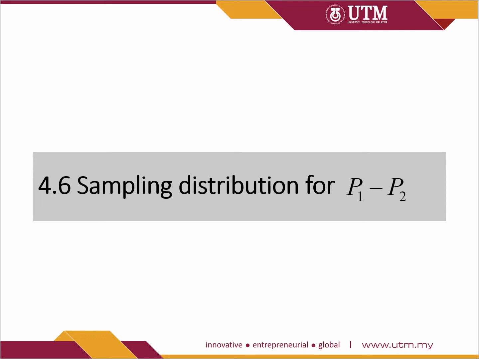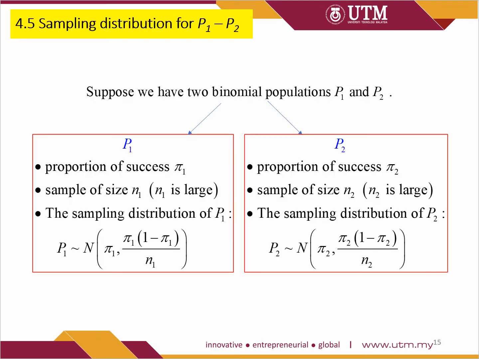Now we go to the sampling distribution for the difference of two proportions, P1 minus P2. Suppose that we have two binomial populations, P1 and P2, given that the first population has the proportion of success pi1 and the sample of size n1, and given that n1 is large, the sampling distribution of proportion P1 follows normal, mean pi1 and variance pi1 times (1 minus pi1) over n1.